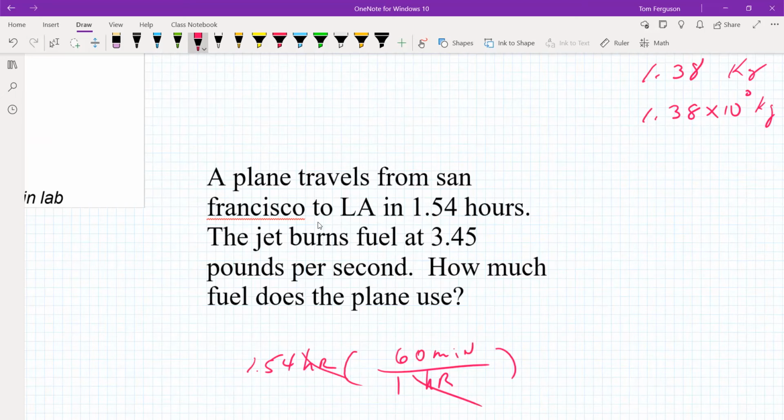Okay, so we're not down to the seconds yet in our conversion on fuel per second. So now we need to go from minutes to seconds. Now we're down to seconds. And seconds we can use to find out how many pounds we're going to burn in that many seconds. Okay, so what needs to go on the bottom?